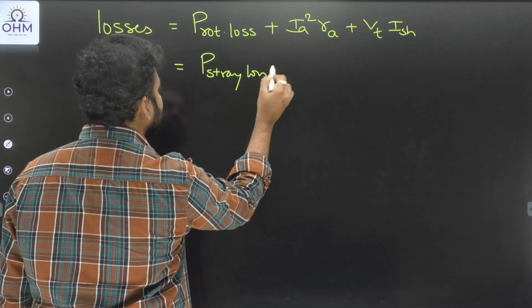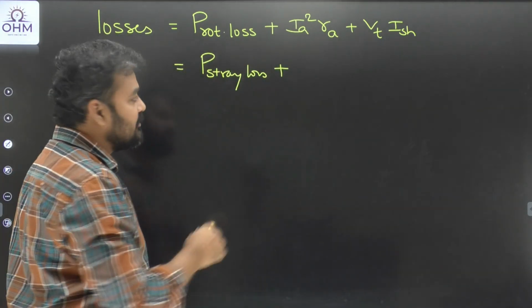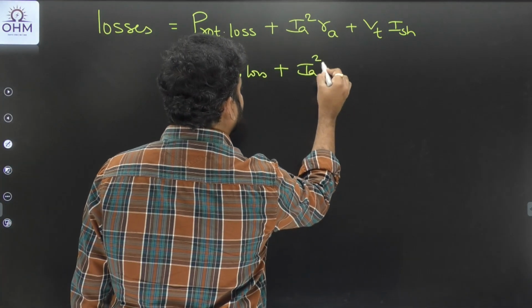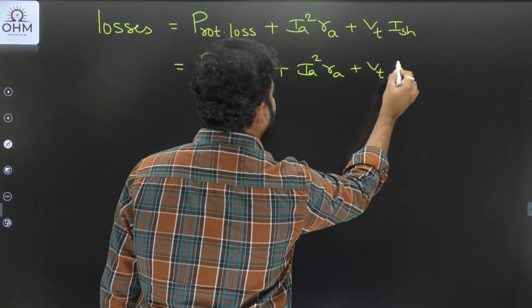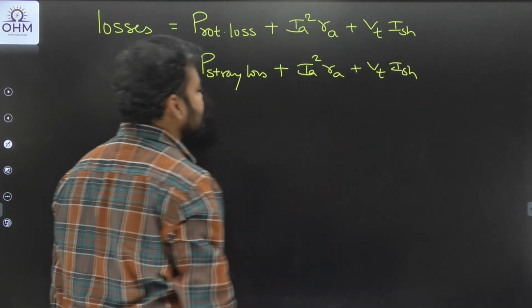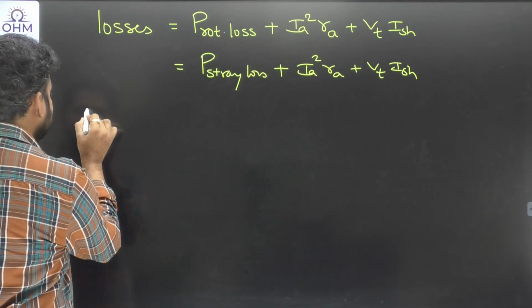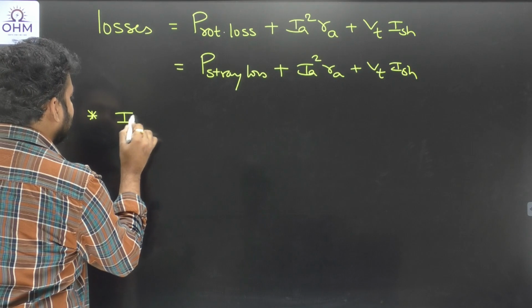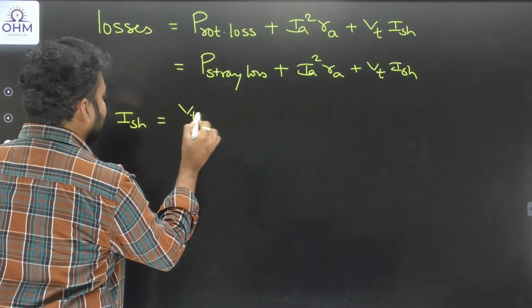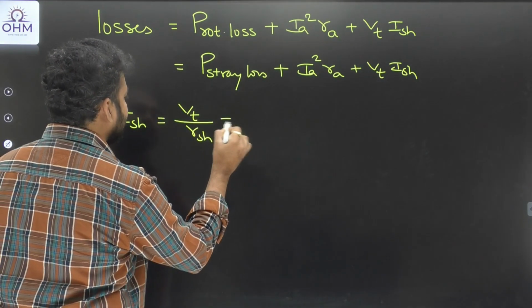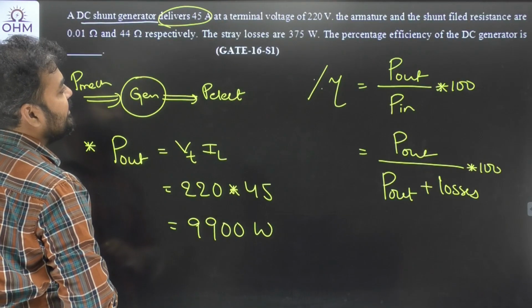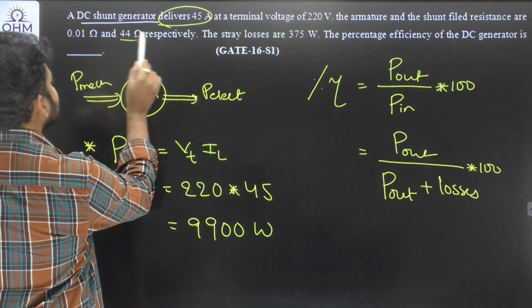That stray loss meaning is nothing but rotational loss plus armature copper loss plus shunt field copper loss. Therefore, to answer the question, first I need to calculate armature current and shunt field current. What is the formula for shunt field current in a shunt generator? Vt by RSH. In the given question, what is Vt? 220, shunt resistance 44.